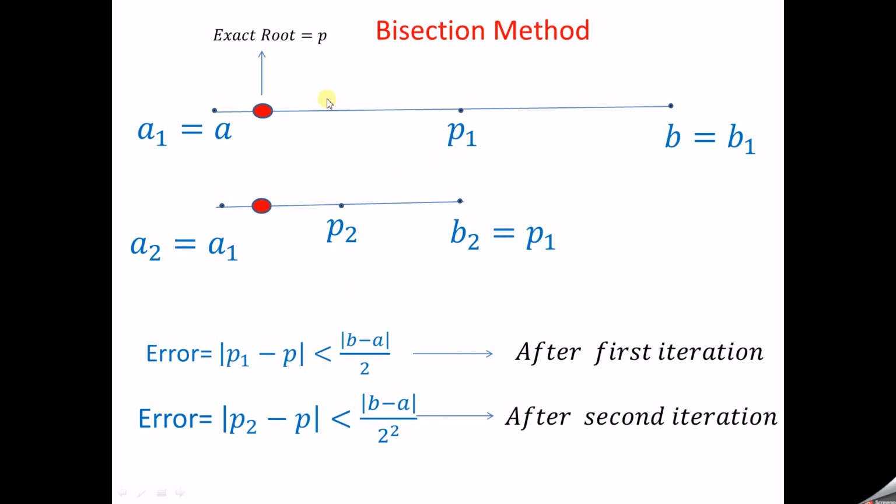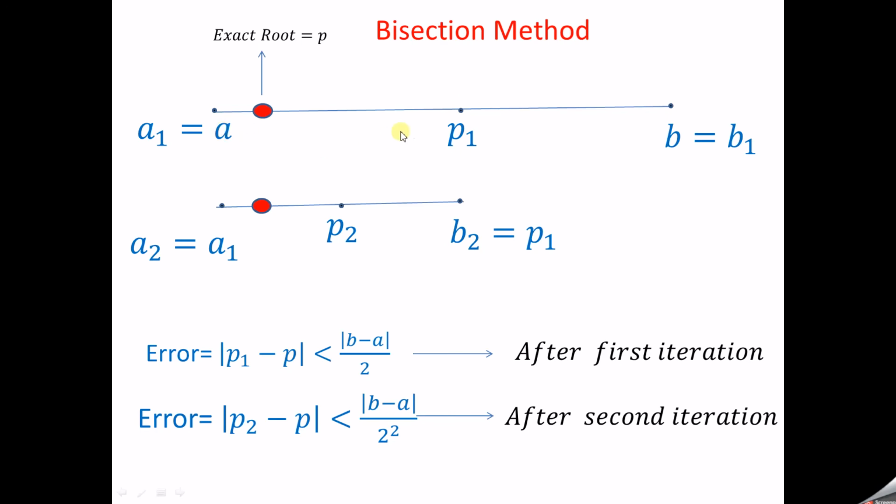The total length of this interval is B minus A. But already we have taken the midpoint. That means half of the length is already discarded. We are taking only this because P1 is the midpoint.